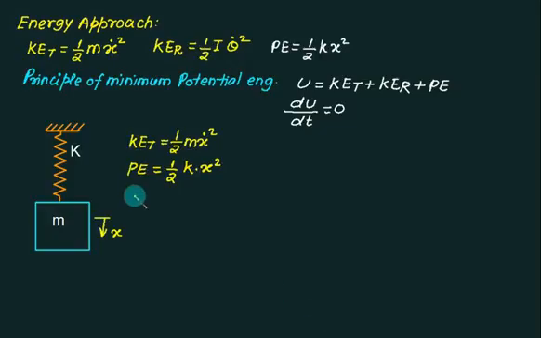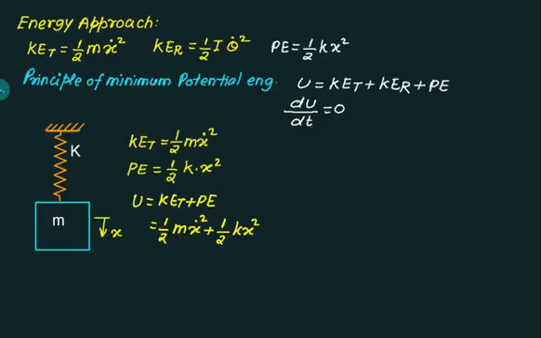Therefore, total energy equals kinetic energy of translation plus potential energy of the spring, which is 1/2 m ẋ² plus 1/2 k x².